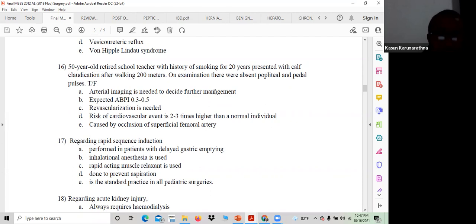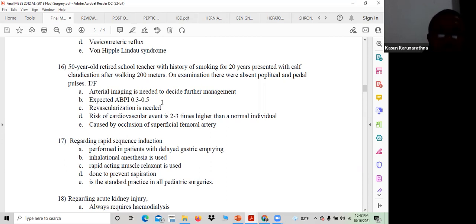Expected ankle brachial pressure index is 0.3 to 0.5? No, this is intermittent claudication with claudication distance 200 meters. It should be around 0.8. Less than 0.5 occurs in critical limb ischemia. Right? Here the distribution suggests only intermittent claudication.